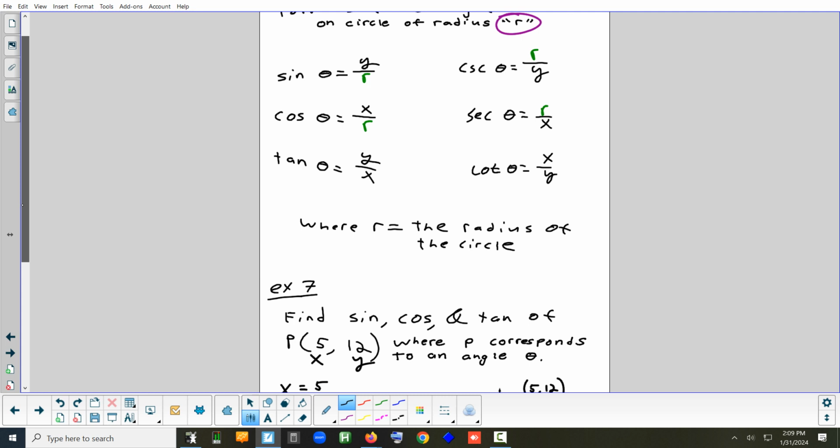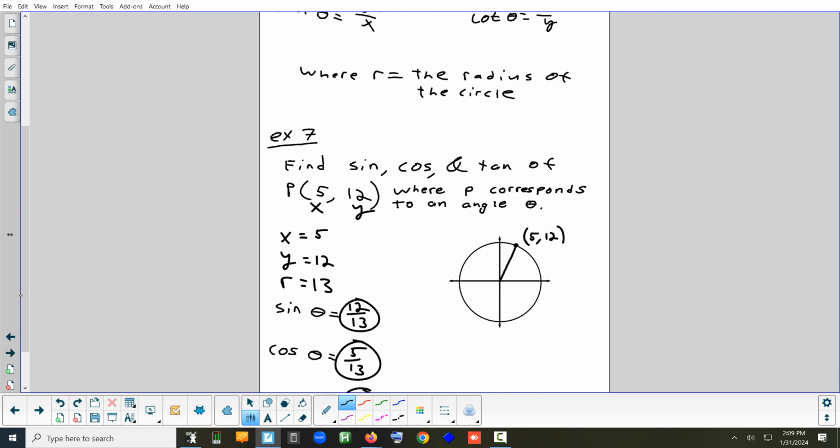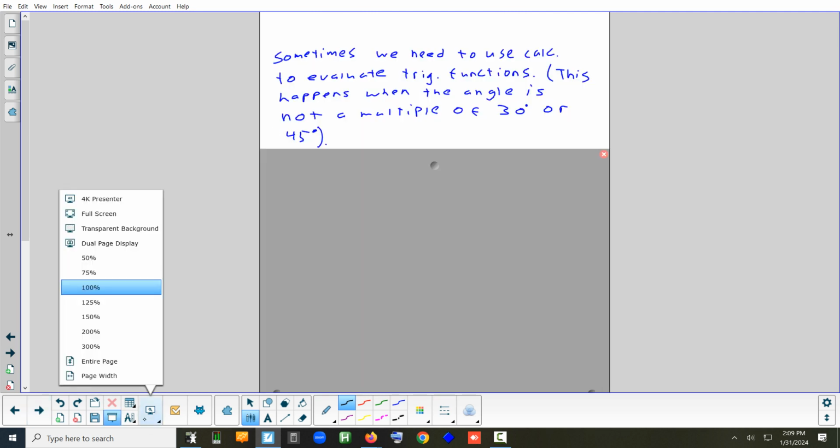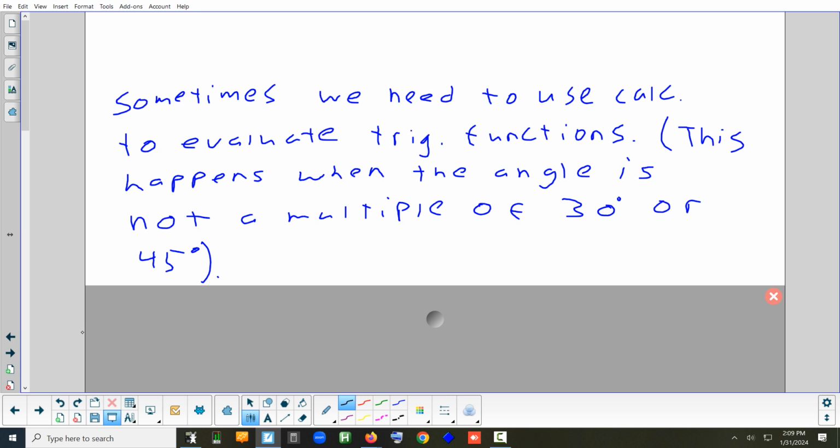So that allows us to do trig on a circle, but we still either have to be given the coordinate, or if we're not given the coordinate, it has to be a 30, 60, or 45 multiple. If the angle is not a multiple of 30, 45, or 60, you can't do it using a circle.